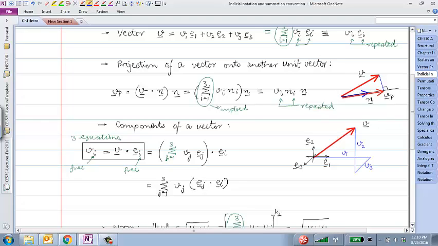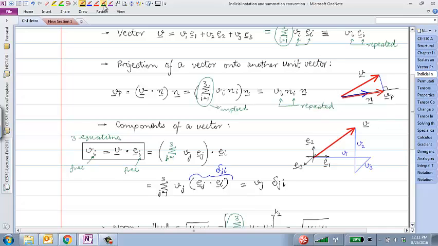Of course, this is nothing but delta ji or delta ij, it doesn't matter. As long as the two indices are equal, it will be 1, and if it's not, then it's 0. And I'll write that as vj delta ji.